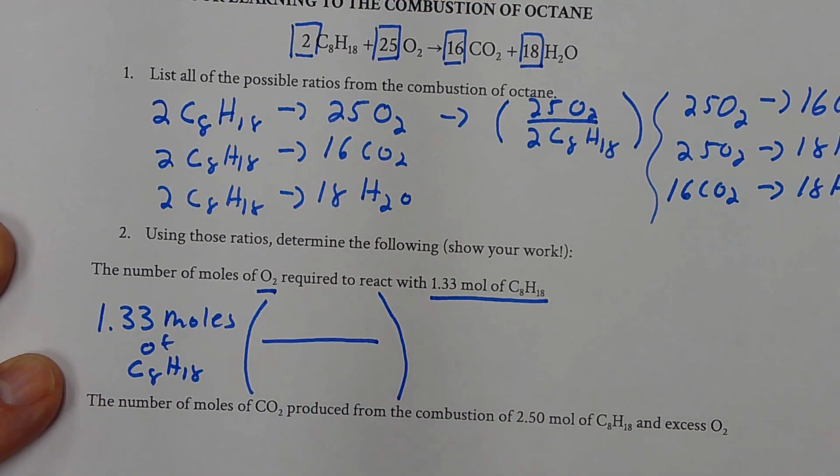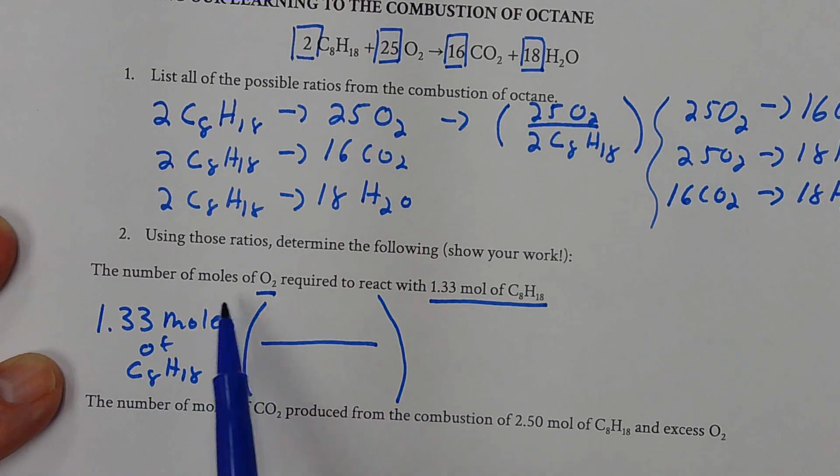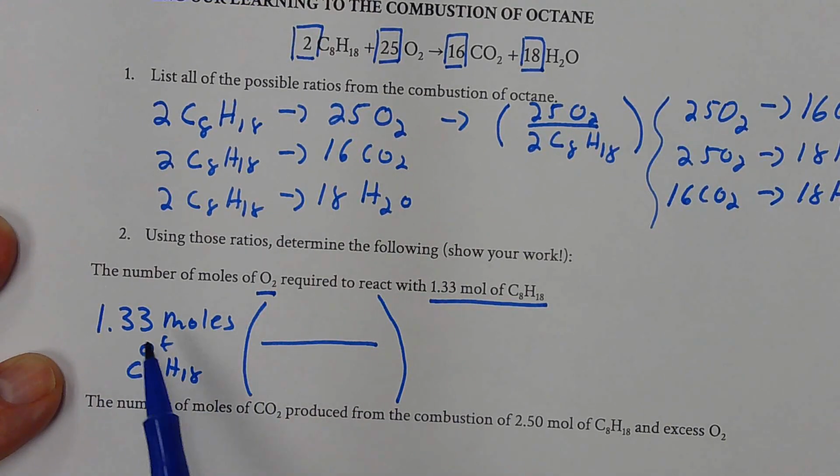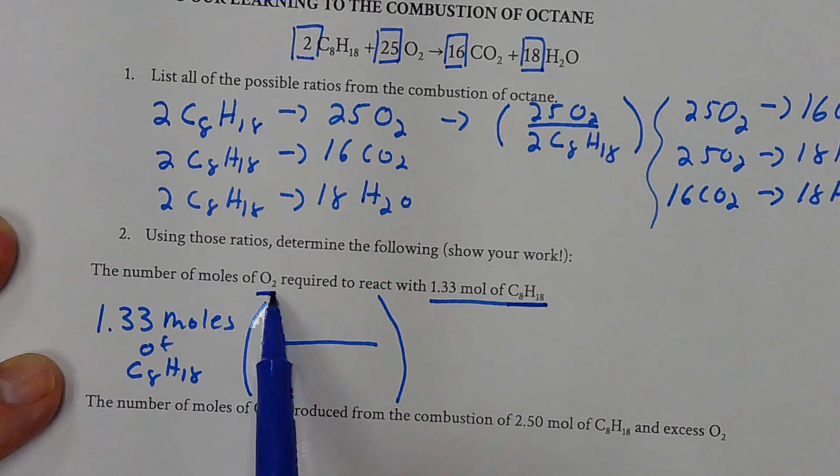We're going to set it up in a way that we can cancel out our units and end up with an answer for how many moles of O2 we'll have. If you remember, we want to be able to cancel the units. So if I'm starting with moles of C8H18, I have to have moles of C8H18 on the bottom down here, so they cancel, okay?